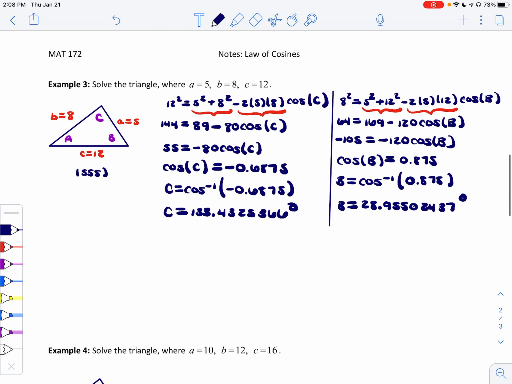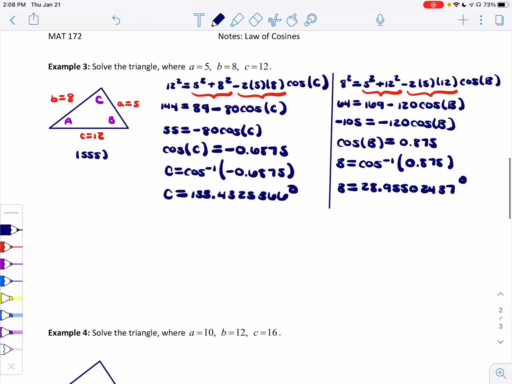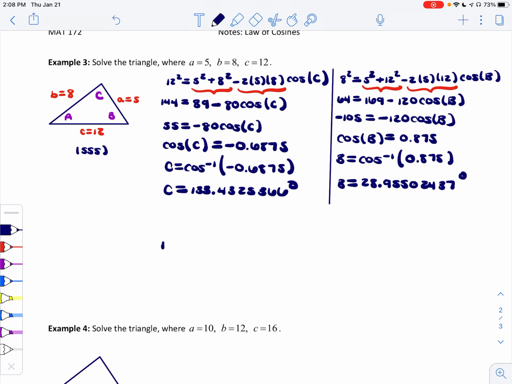All right, so once you have your first two angles, you can just subtract them from 180 to find your third. So our angle A, we're just going to take 180 minus the 133 minus the 28.96, and that'll give us our final answer.